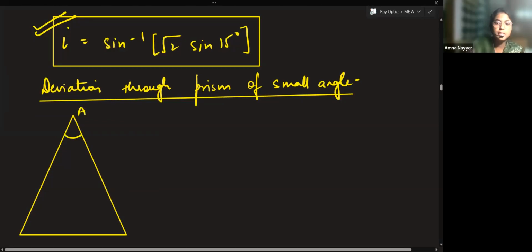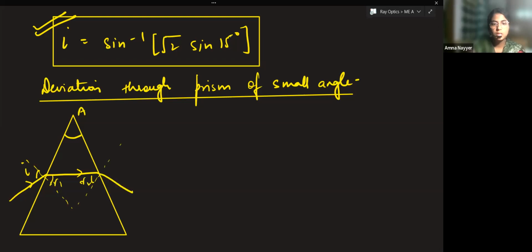Let's say this angle is A. So again, the incident ray will be there. This will be the normal, the angle of incidence. Deviation will occur. This is R1, R2. This is emergence.